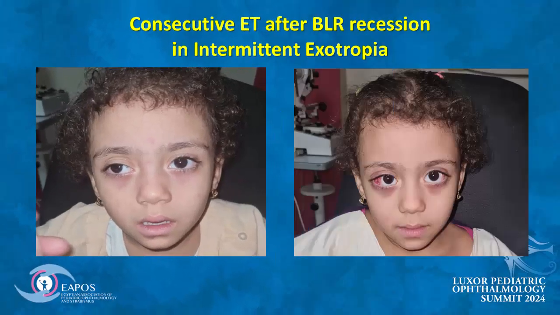My talk is about a very famous complication that appears to most of us: consecutive exotropia after we do bilateral recession in cases of intermittent exotropia.